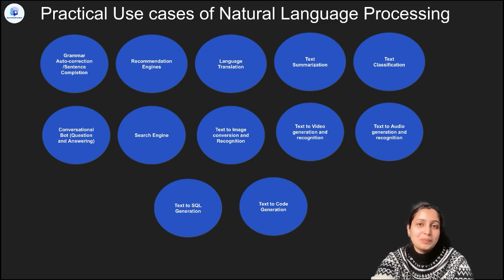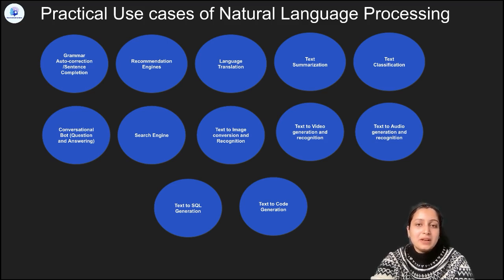generation and recognition. So in today's world, smart homes are not a rare thing to see. And many of the tools used in smart homes, such as Amazon Alexa, Google Nest, Google Assistant, all these things basically use audio to text and text to audio conversion and recognition. So that is again an application of NLP.